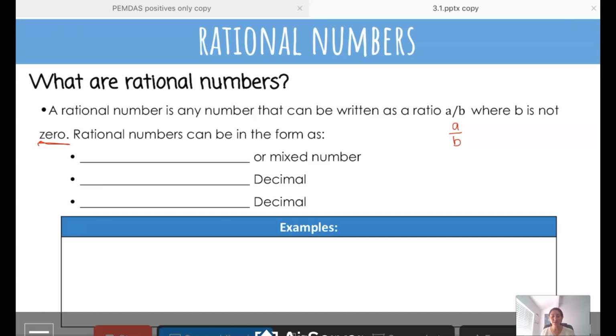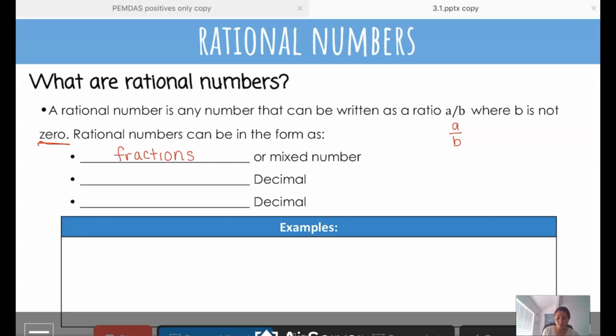So rational numbers can take the form of fractions or mixed numbers, and that makes sense because a rational number is a number that can be written as a ratio. So a fraction already is a ratio, and a mixed number, if we make it improper, is then a ratio.